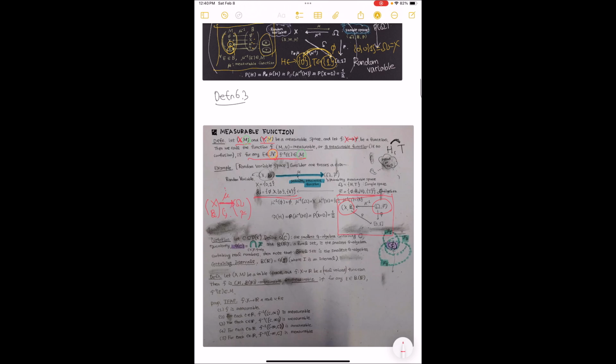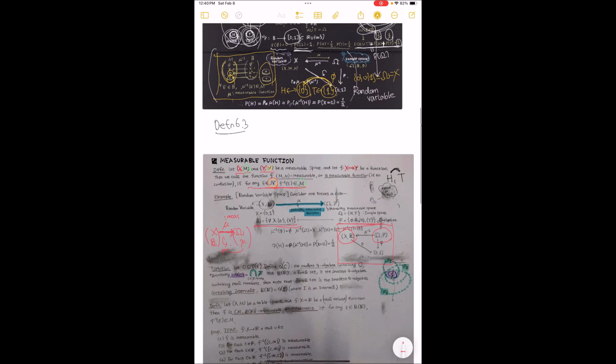Anyway, that is a measurable function because we can consider the inverse image, which also satisfies the sigma algebra axiom. It is clear. We just switch H and T to numbers.